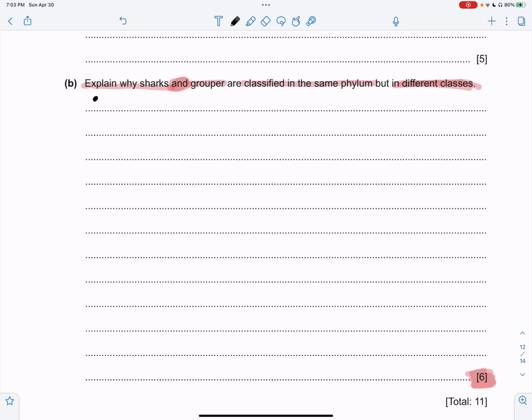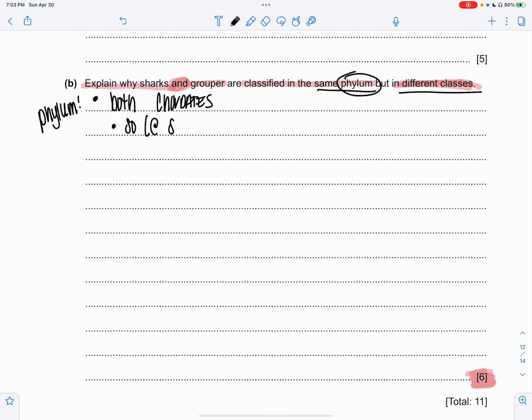So they want to say why they are in the same phylum but different classes. They're in the same phylum, phylum Chordata, because they are both chordates, which means at some point in development, and we're also chordates too.